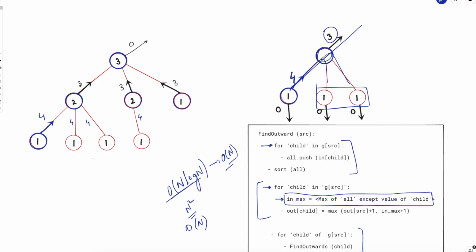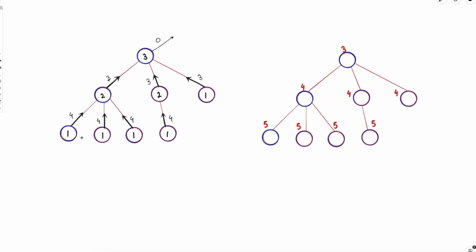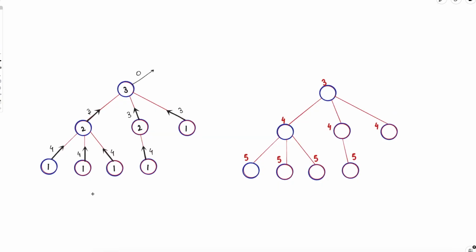Now what you know is the out value for every node and the in value for every node, and you can simply take the maximum of out and in to get the farthest node from every node. So let's take one small example.